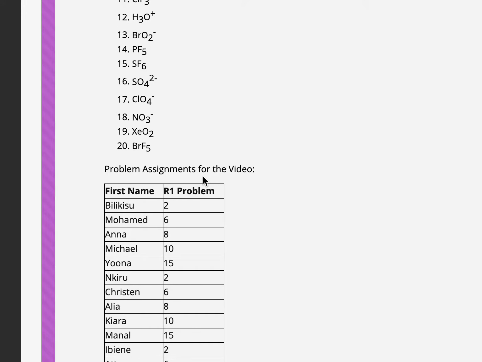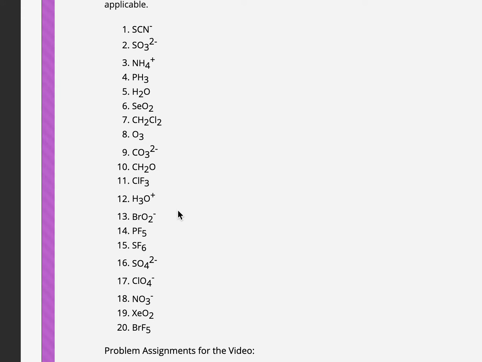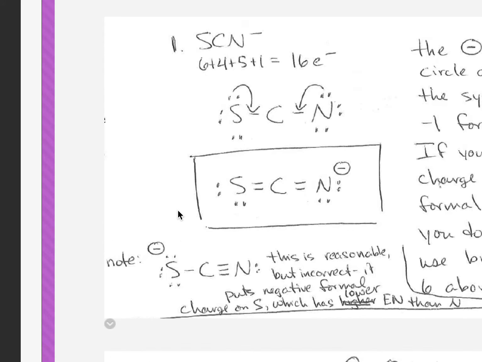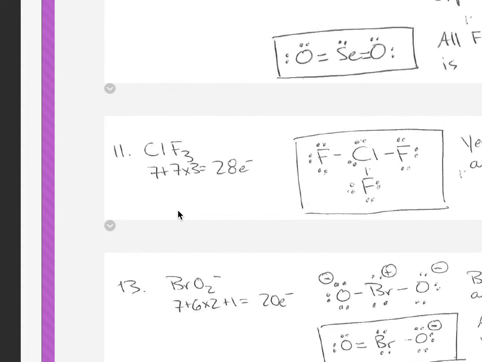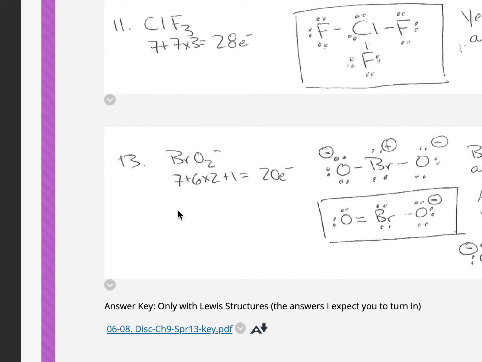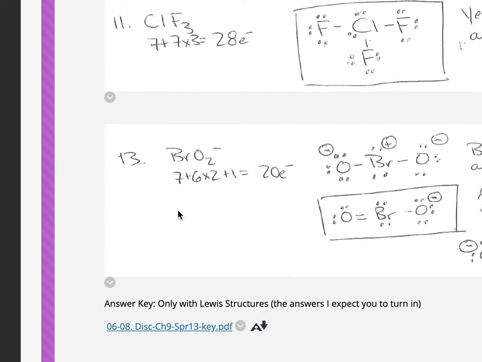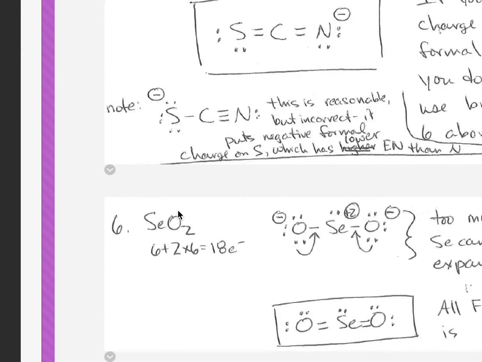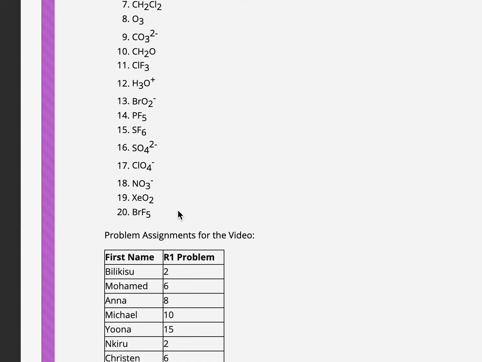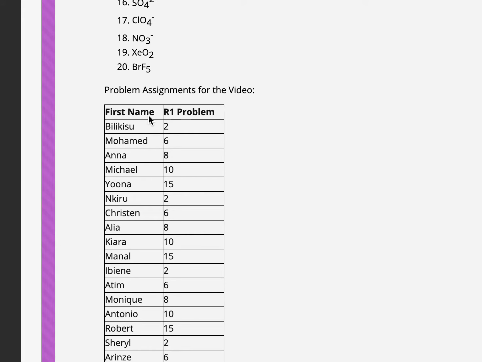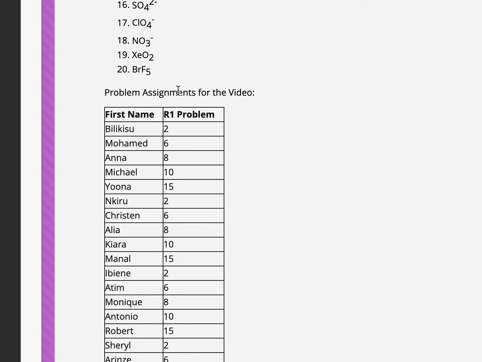And if you go down to the bottom, you can see there's a number of problems that are assigned: 2, 6, 8, 10, and 15. And some of the problems already have answer keys printed on the page. And then if you go all the way to the bottom, there is an answer key as well. What you're tasked with for your problem assignment is making a video about that particular problem number that you've been assigned.